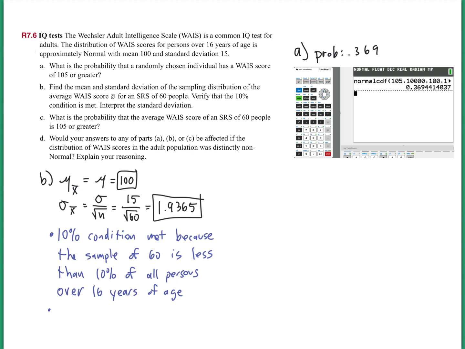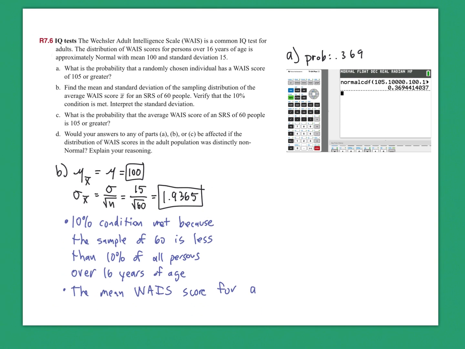Okay, so to interpret this, the mean WAIS score for a sample of 60 adults.